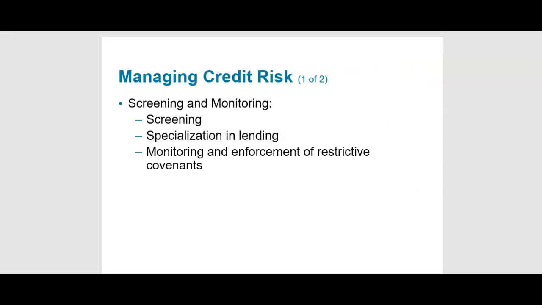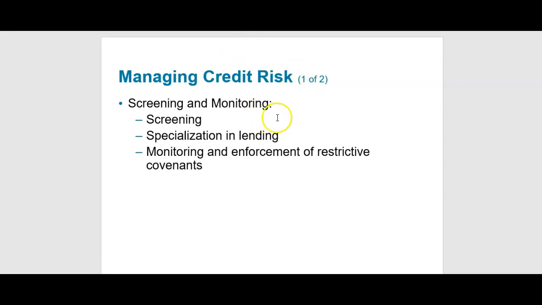Managing credit risk is very critical. Also managing the interest rate risk. Under managing the credit risk, keep in mind that this is what we were talking about a few minutes ago in terms of the asset management part. You want to ensure that you have low risk and high paying customers.